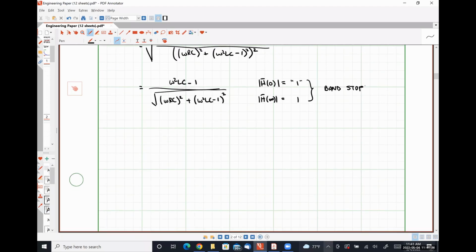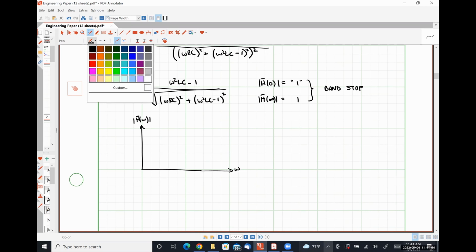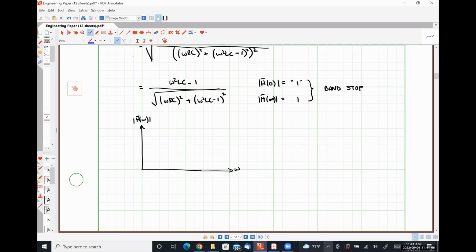Plotting this, we should see something of the form, let's see, let's call this 1.